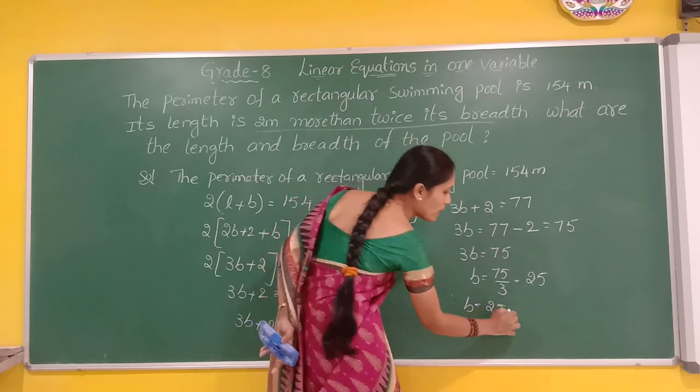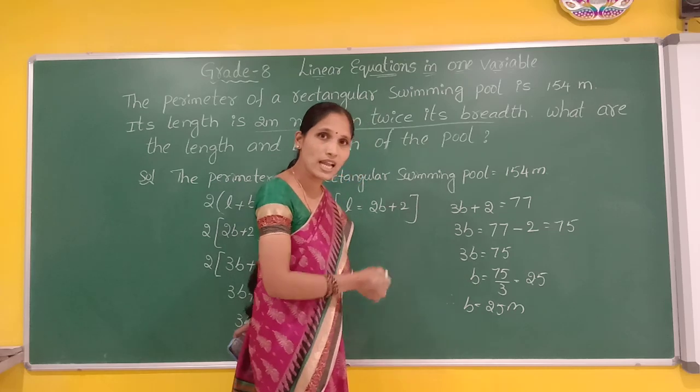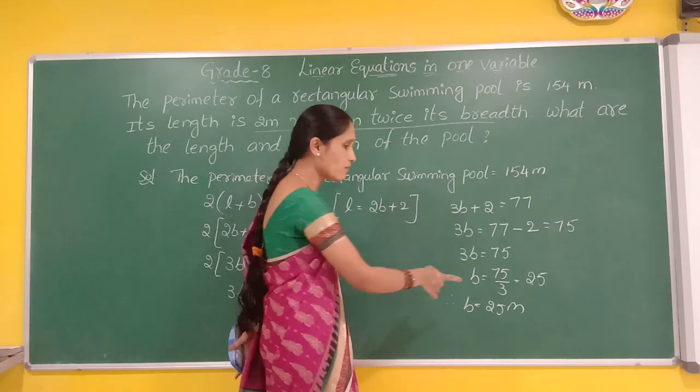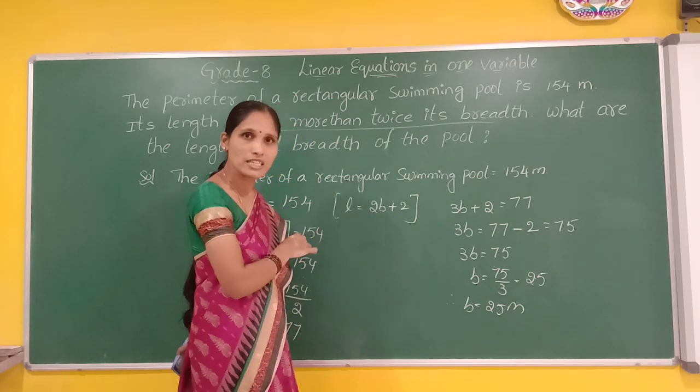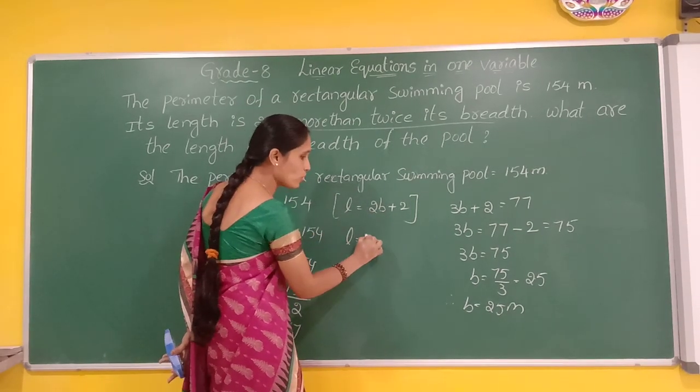Breadth of the rectangle is equal to 25 meters. If the breadth of the rectangle is 25 meters, what is the length of the rectangle? L is equal to 2 into B plus 2.